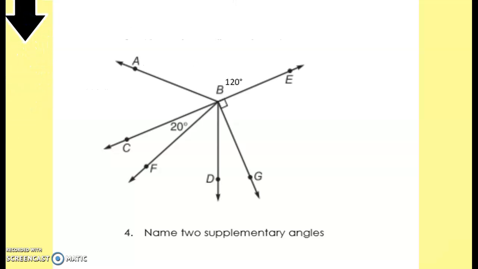If I look for a straight line in there, I only see one, which would be right here. And it is made up of this angle right here and this angle. So two supplementary angles, there's actually only one choice here. We could say CBA, and we have ABE.